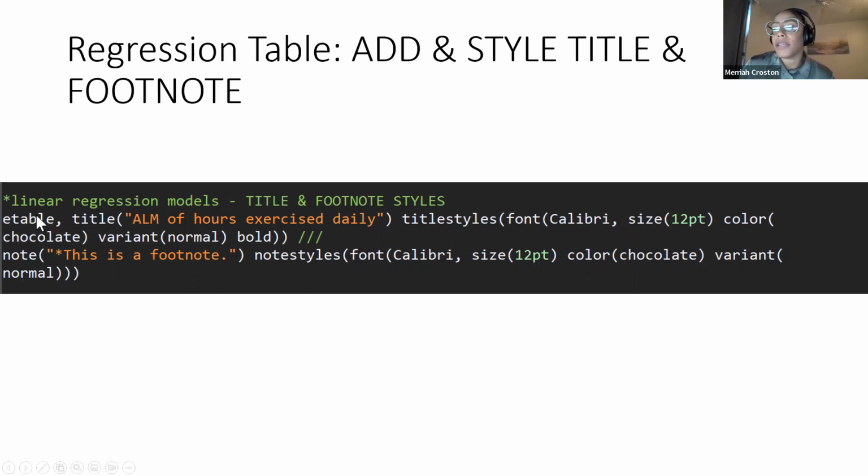So we have our eTable command here to the left at the top of our code. So you see a chunk of code here, and we'll run it after I go over some of the key elements. We'll add a title. And so all of these command options are appended to the command after a comma. So you see eTable, comma, and then a set of command options, which are separated by a space, no comma.